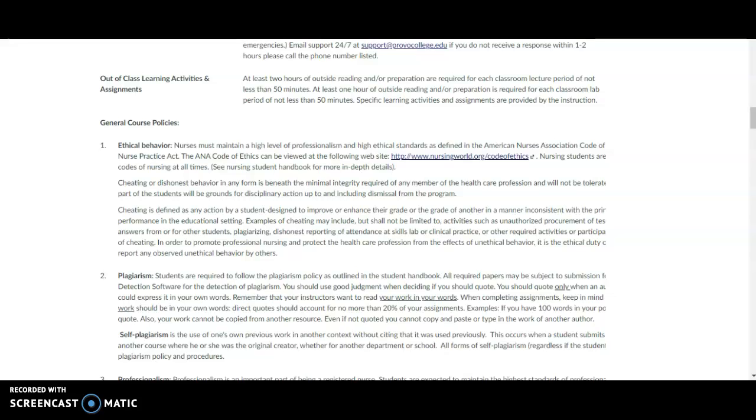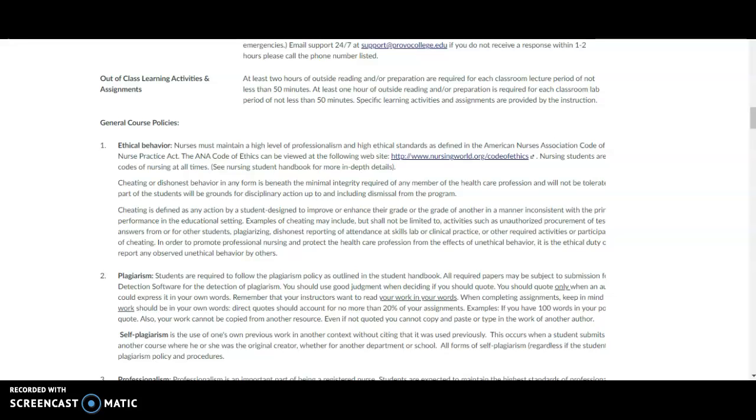That would be considered plagiarism. Unintentional is you didn't realize you were doing it. However, either one of those, if you are found to have done that, can be counted as an offense, and you would receive a zero for an assignment, and then that would go in your record. So please be really careful about that.